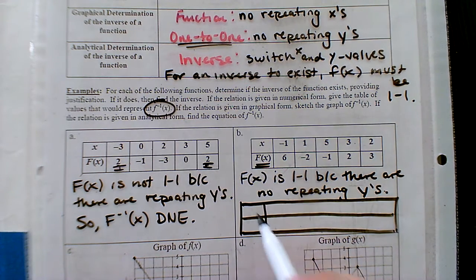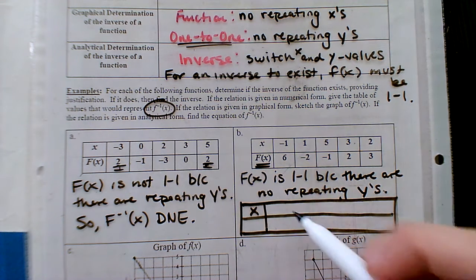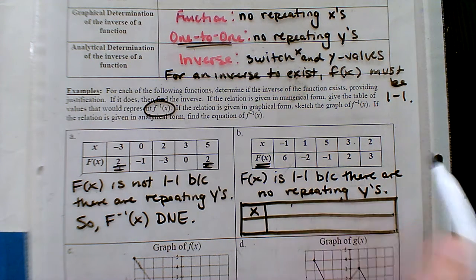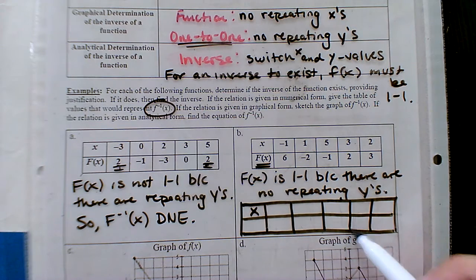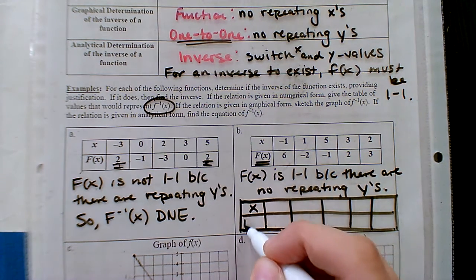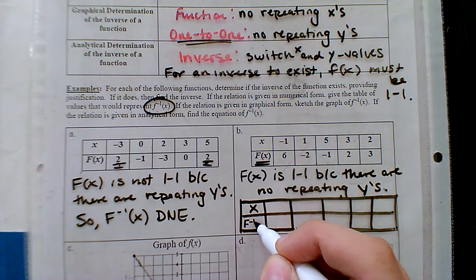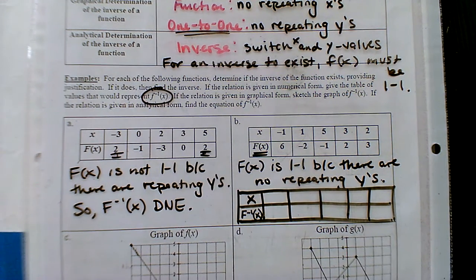If we were to switch the x's and the y's, what would the table look like now? It looks like we have 5 ordered pairs. And since this table is going to represent an inverse, we're going to make sure we use the correct notation, f to the negative first power.